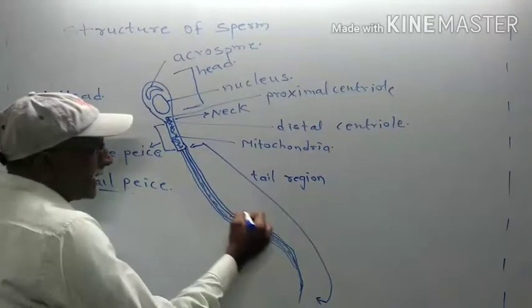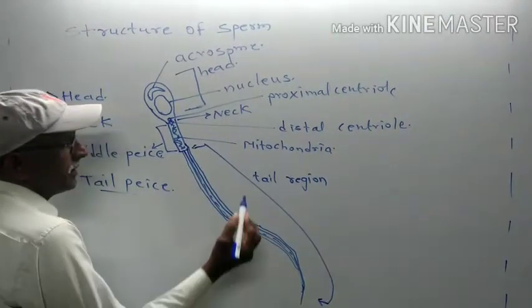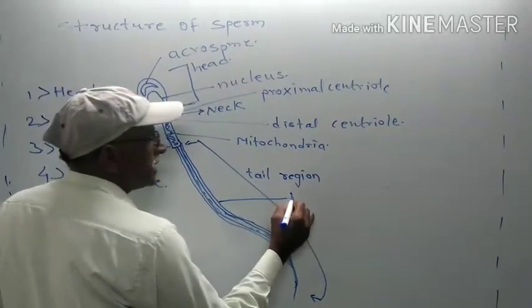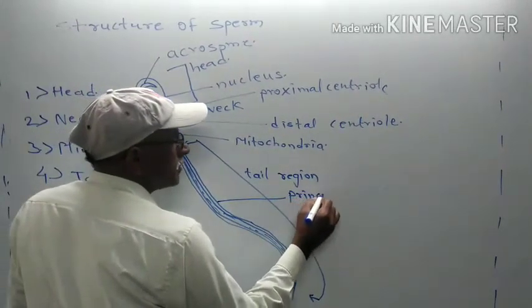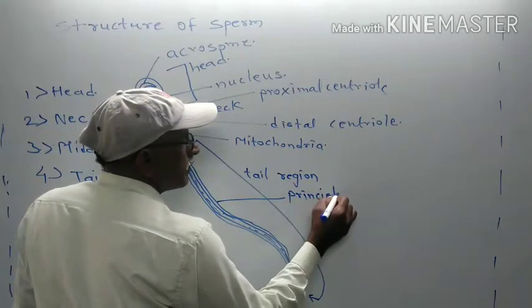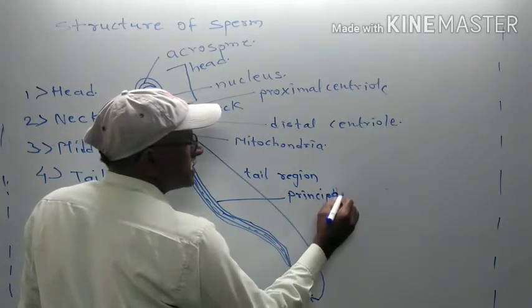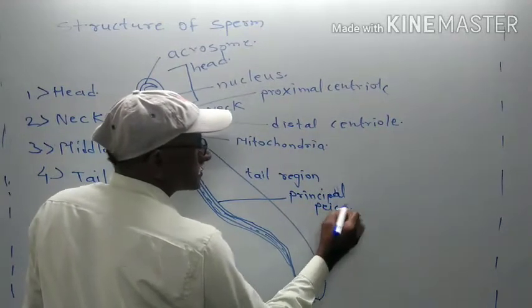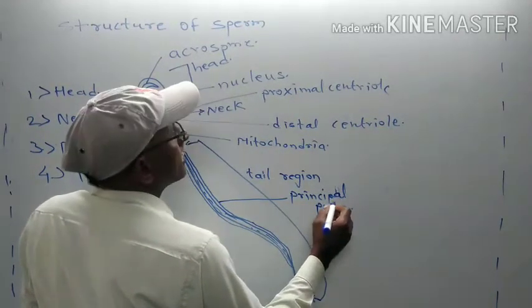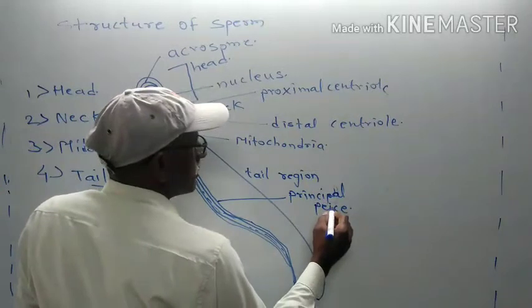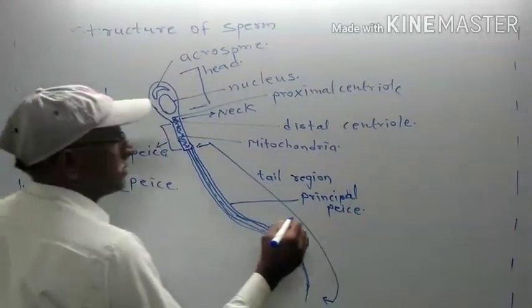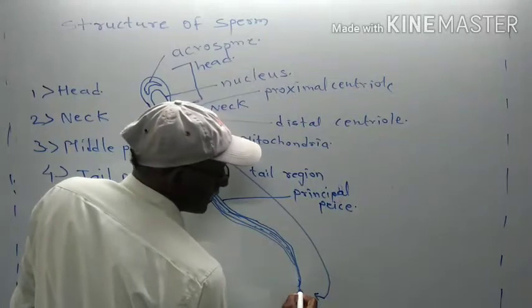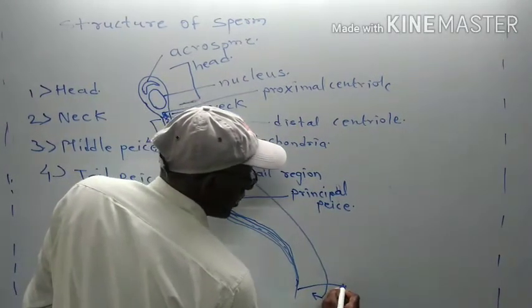Now this tail region again is divided: this is the principal piece, and this is the end piece.